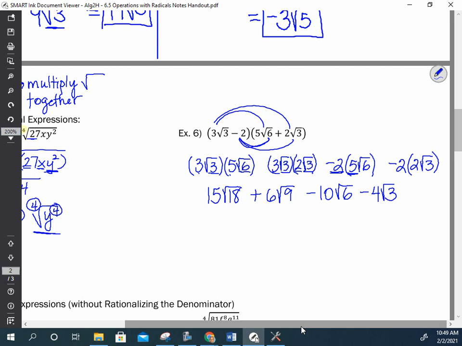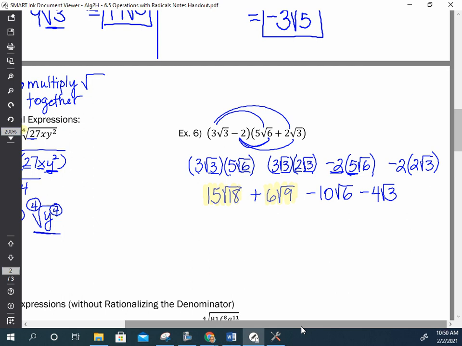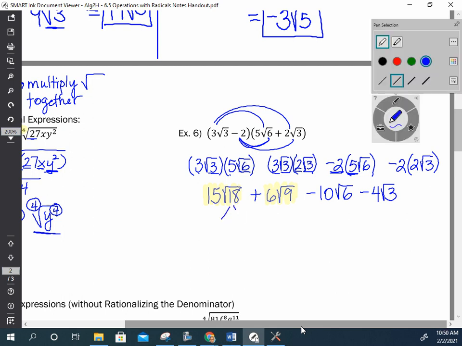All right, and a question for you. Is there anything up there that can be simplified? So this can still be simplified. That can still be simplified. So 18 is going to 9 and 2.